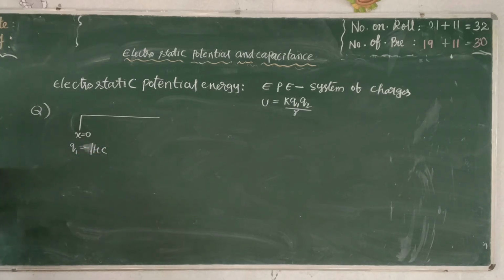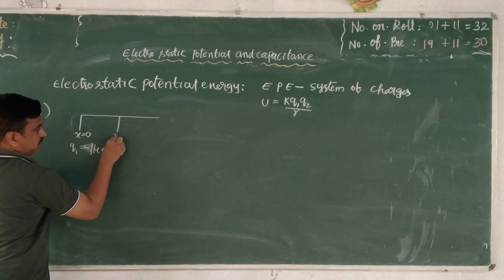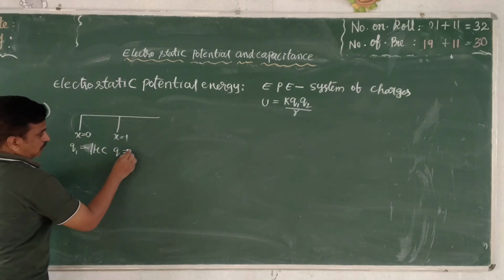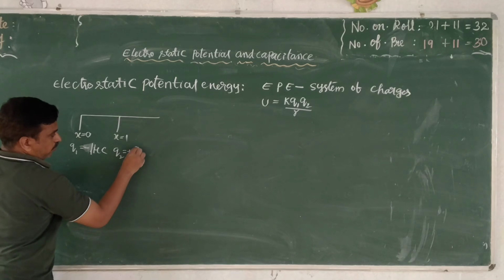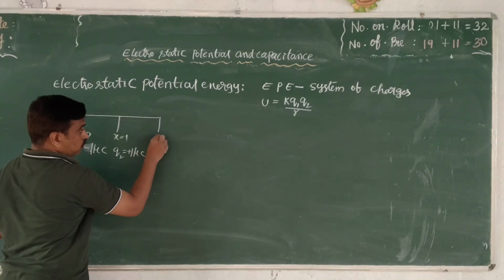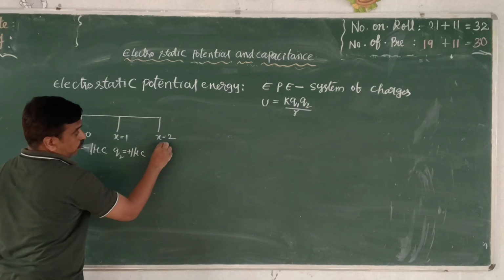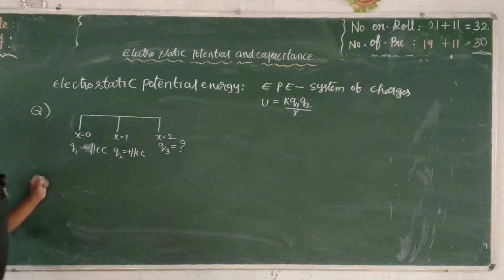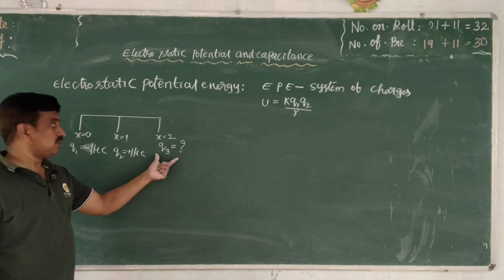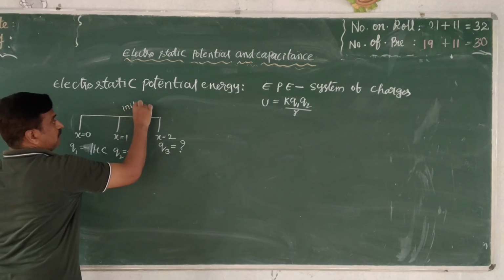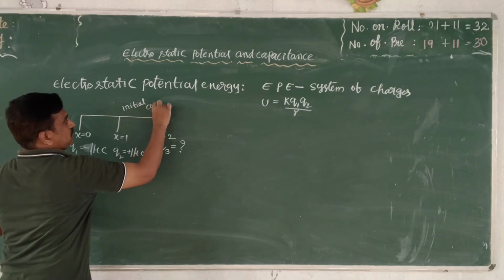Next, at x equal to 1 distance, q2 is there, which is plus 1 microcoulomb. At x equal to 2 distance, we can arrange the q3 charge. What is the change in potential while arranging the q3 charge here? This is the initial configuration.